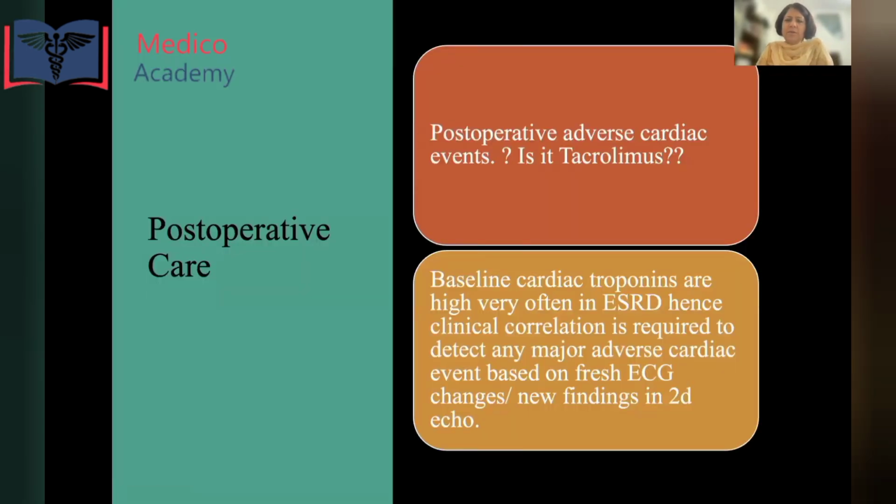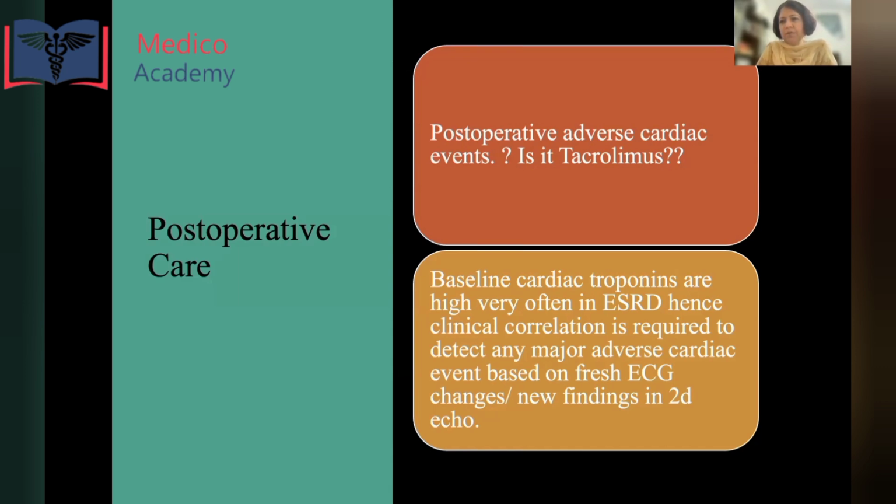If some patients complain of chest discomfort or pain, we evaluate the patient for any adverse cardiac event. As I said earlier, we look at the tacrolimus level, and we also get baseline cardiac troponins done, and we have to see the trend in troponin.